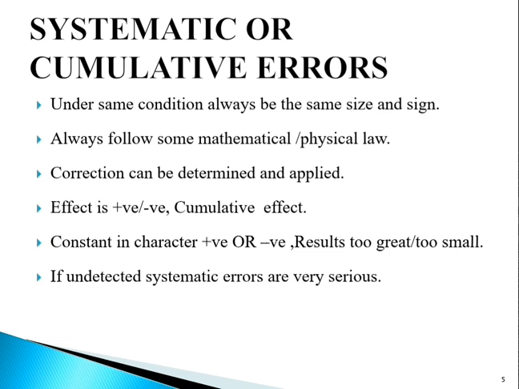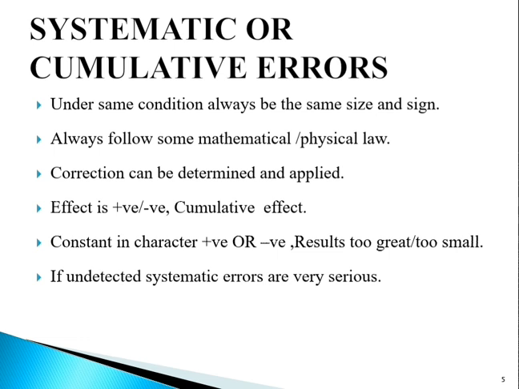For example, the error in the length of the steel tape due to change in temperature during field measurement is a systematic error. It follows the physical law of expansion of solids. The error can be computed and a suitable correction applied to the measured length of the steel tape.